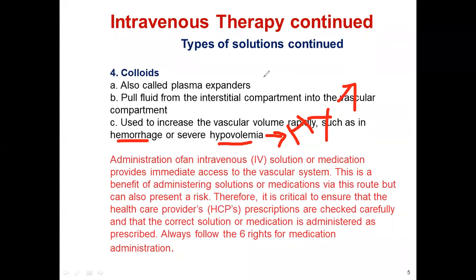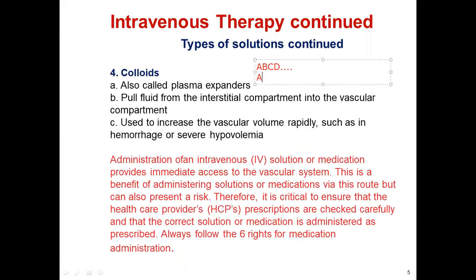Sometimes when you get a prioritization question about which patient you have to check first, we use A, B, C, D. A stands for airway; we have to check the airway first, right? Then we have to check the breathing.